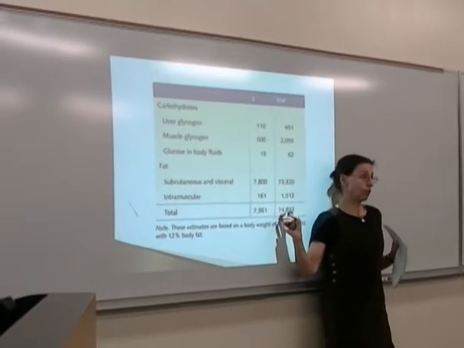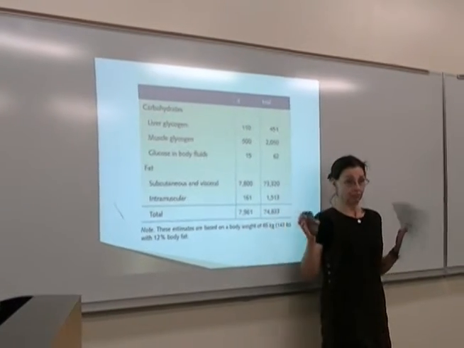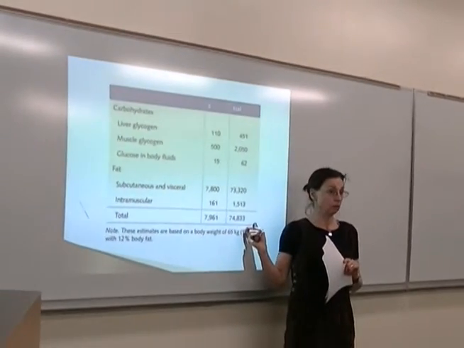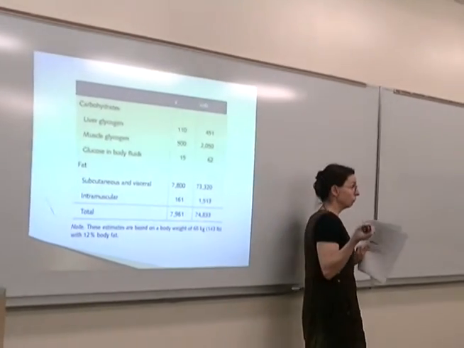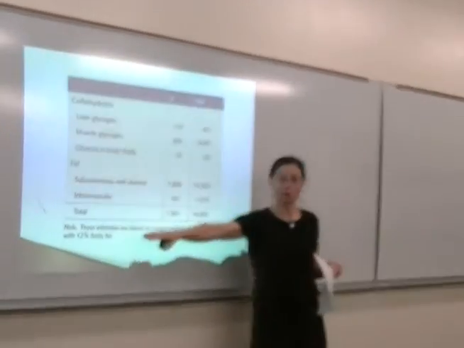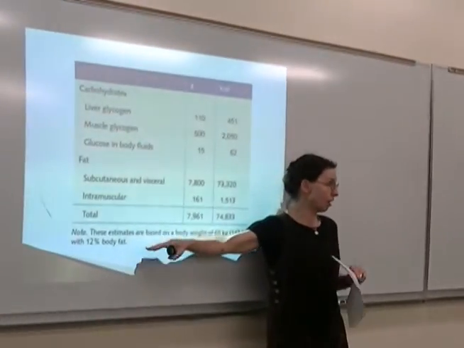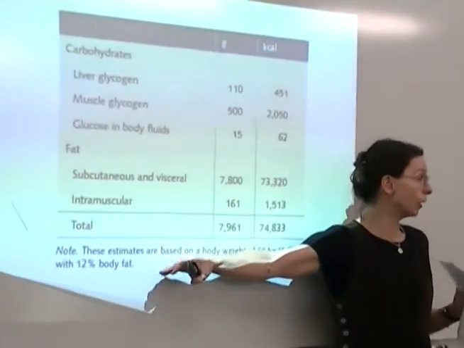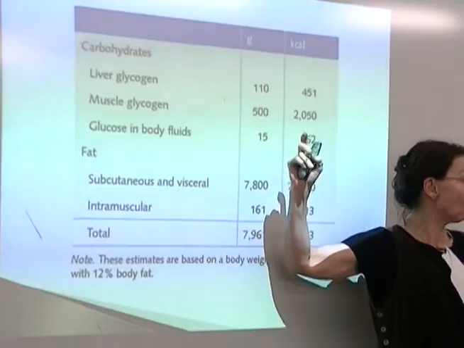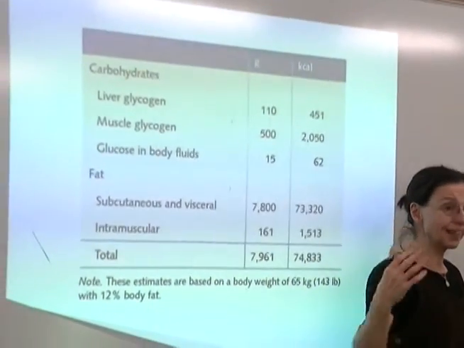He's either not very tall or he's very lean, right? Pretty small, because 143 pounds is not very heavy. Okay? But this is someone who's in pretty good shape, because 12% is very low. Even for a guy, that's quite low. Okay? So this is someone who is not overweight. This is someone who is lean, fit.